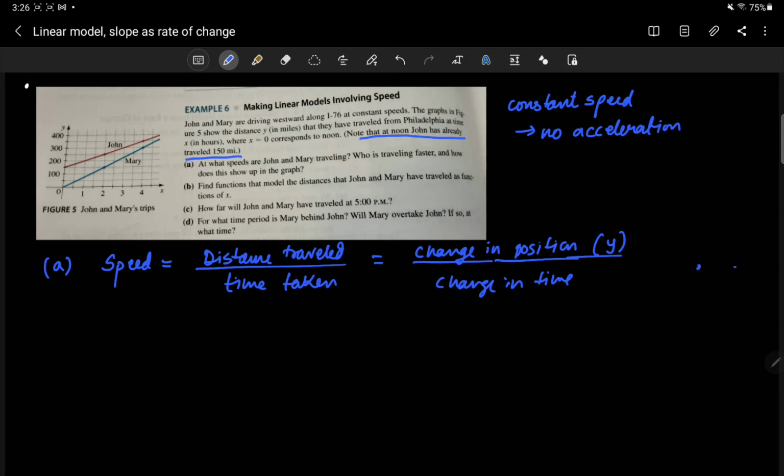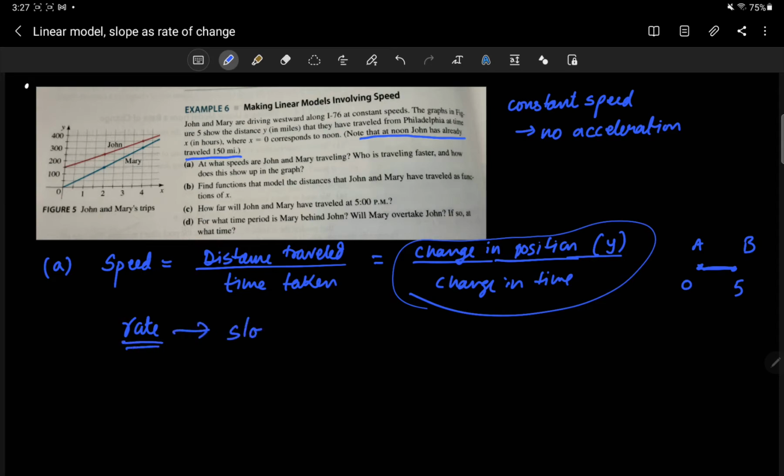Because if you go from A to B, if I call this 0 and B 5, then the change is 5 minus 0, which is 5, which gives you exactly how much distance you travel. Now this expression, change in position over change in time, that's simply the rate. And what is rate? Rate, we have established, is the slope of the straight line.